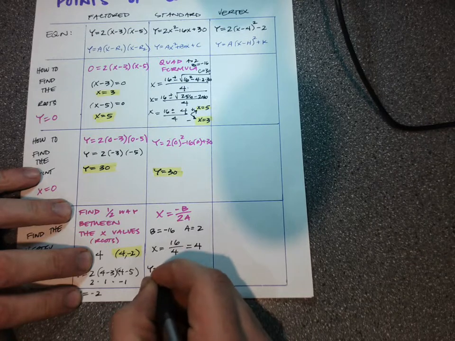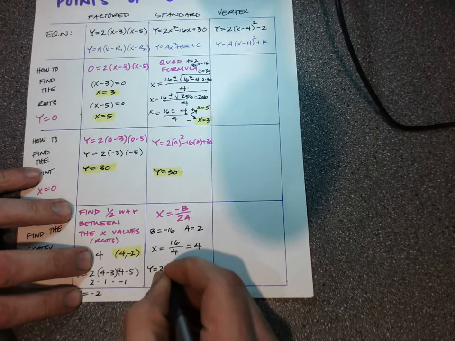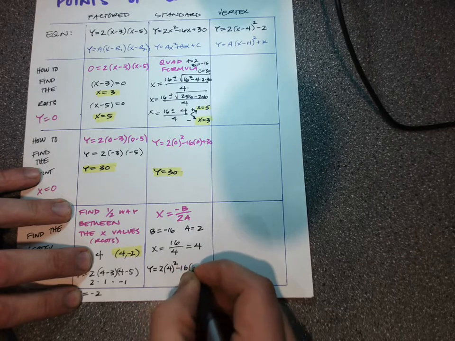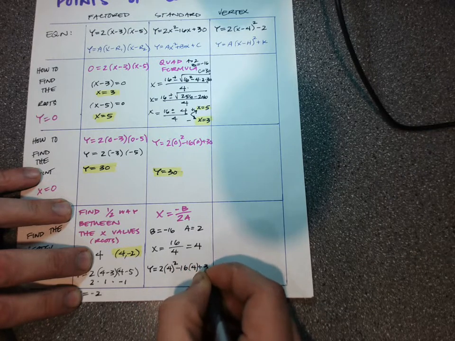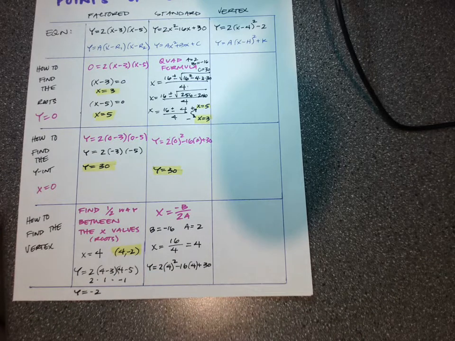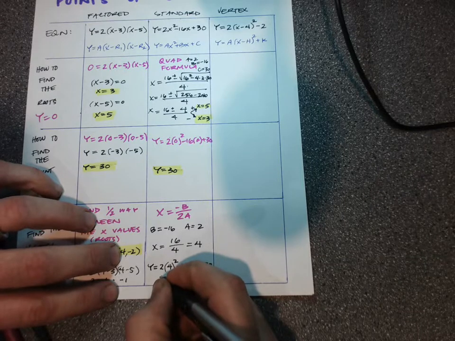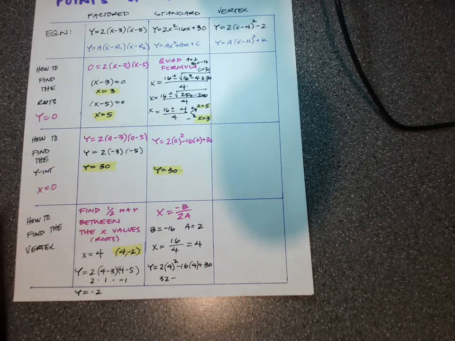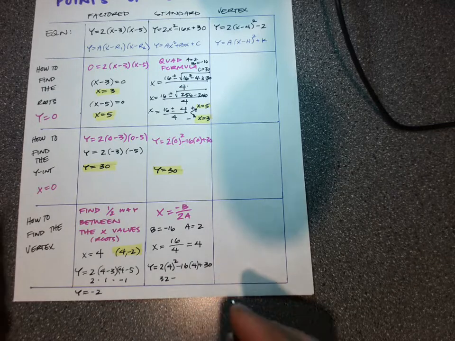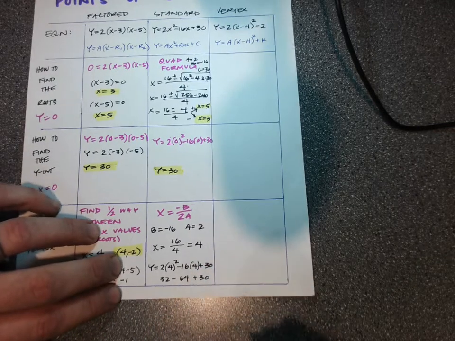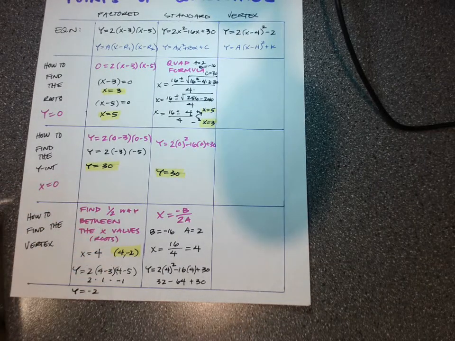So y equals 2 times 4 squared minus 16 times 4 plus 30. Okay, 2 times 4 squared is 32, minus 16 times 4 is 64, and plus 30.